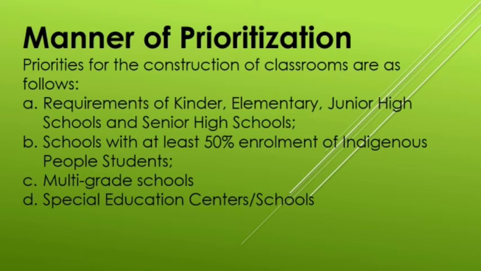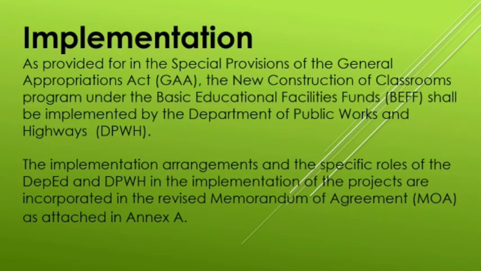Next, B. Schools with at least 50% enrollment of indigenous people or students. C. Multi-grade schools. D. Special education centers or schools. After the government identifies who will be given a school building, what comes next is the implementation.